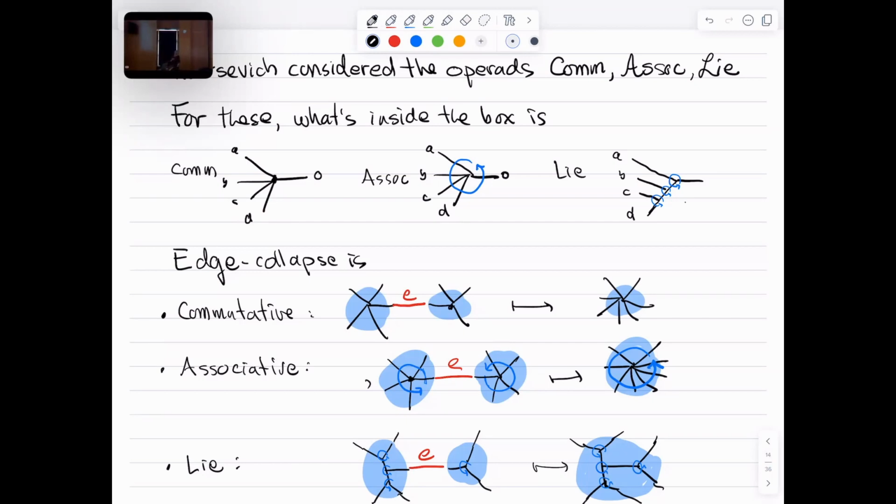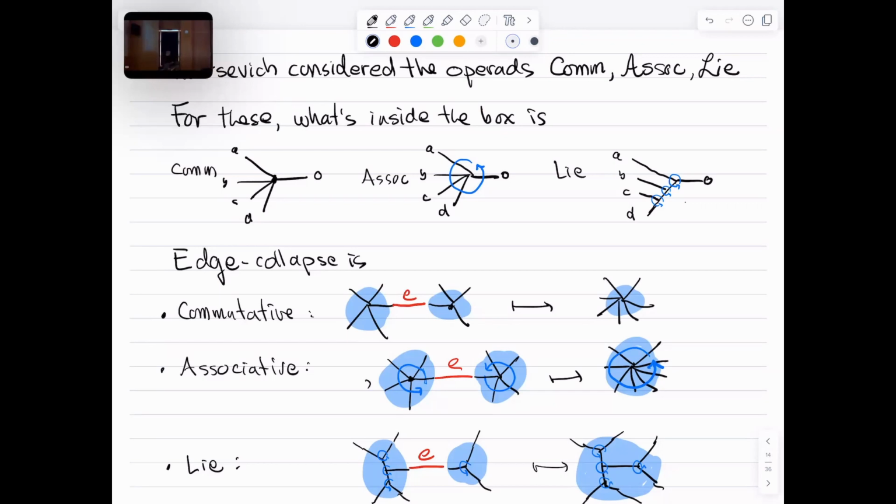It does matter which things I operate first. First, I have to do CD. Then I have to do the result of that with B. Then I have to do the result of that with A in this picture.